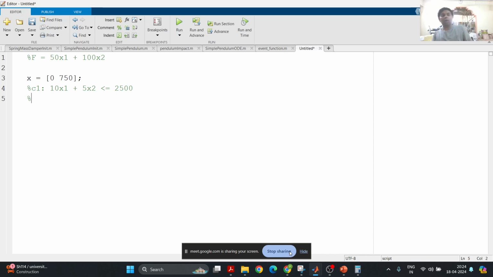In order to plot it, we can rearrange it as x2 should be less than or equal to 2500 by 5, so it will be 500 minus 2 x1.